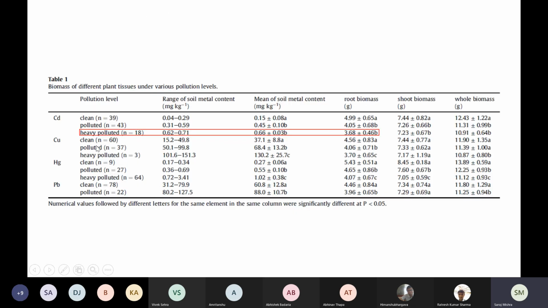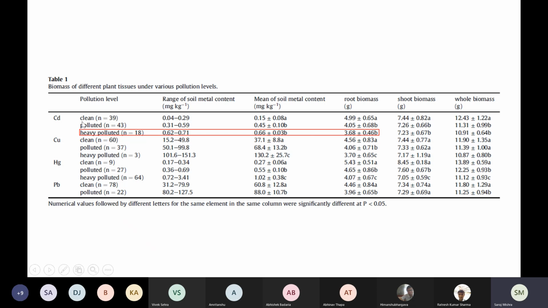Now the data which you see here has 3 different categories. Remember there were 3 different categories in the previous picture. These refer to exactly the same thing: the clean area, the polluted area, or the heavily polluted area. N refers to the number of plants which have been sampled.